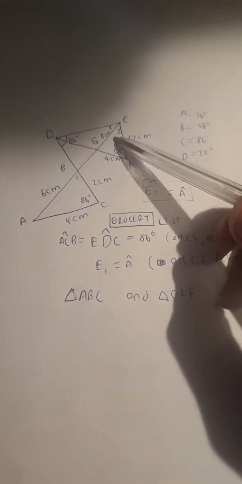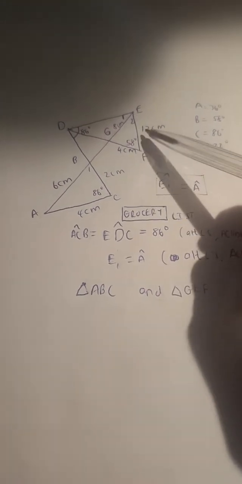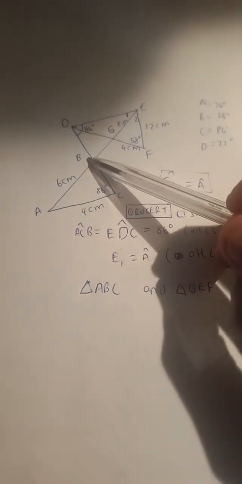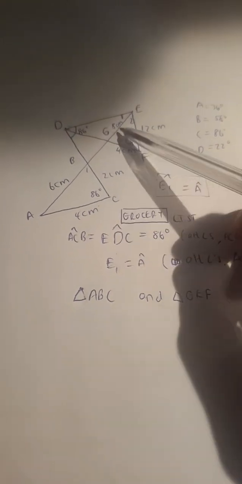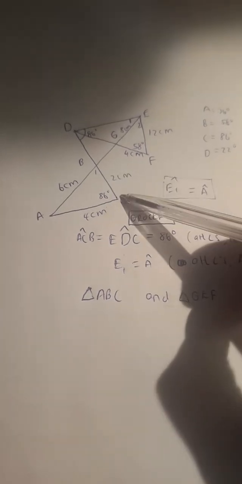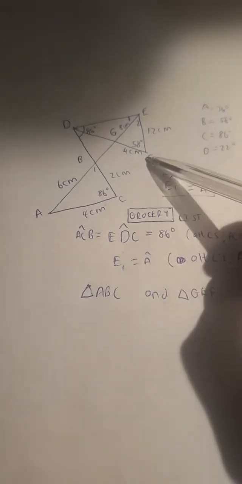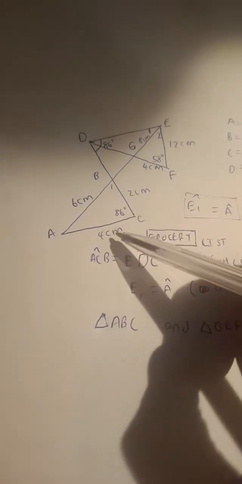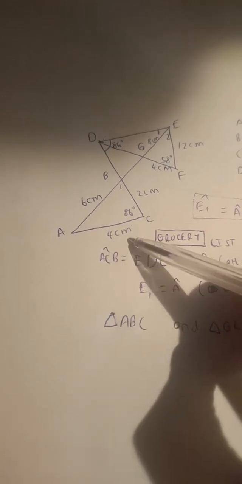From what I can see, look at EF, look at AB, look at AC, and look at EG. And then lastly, look at BC and look at GF. I am noticing something here, guys. Very, very interesting. This here, AC over GE.